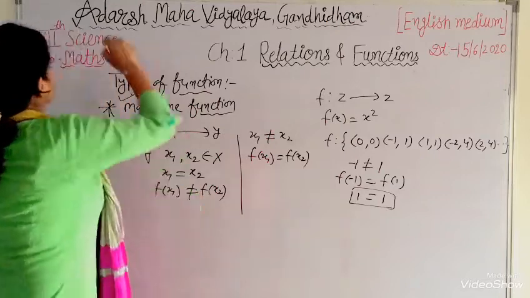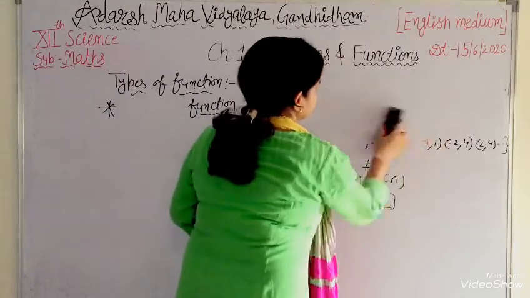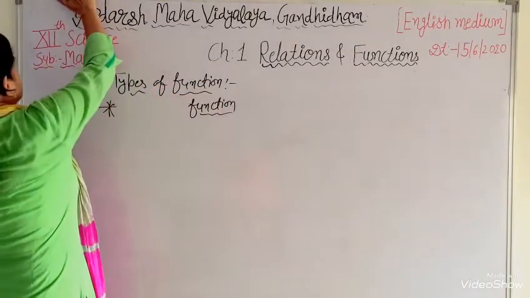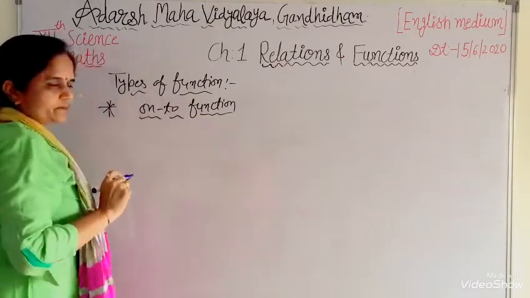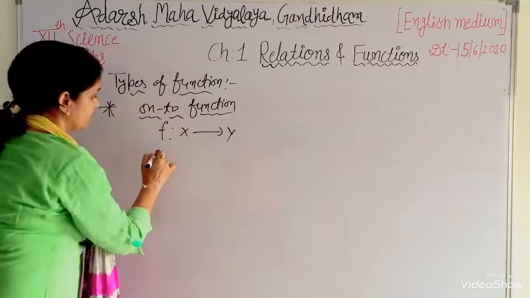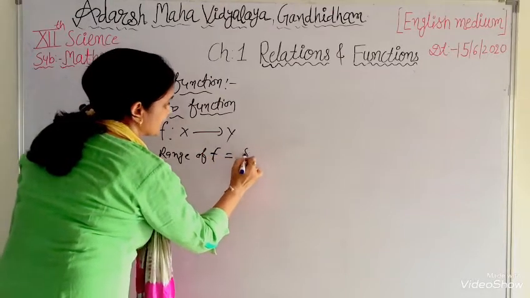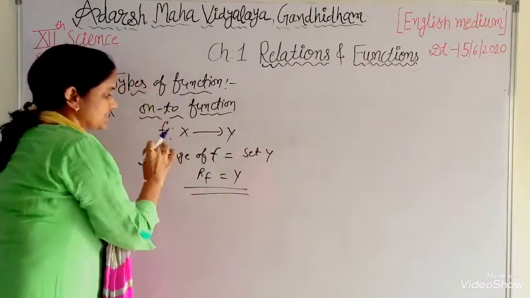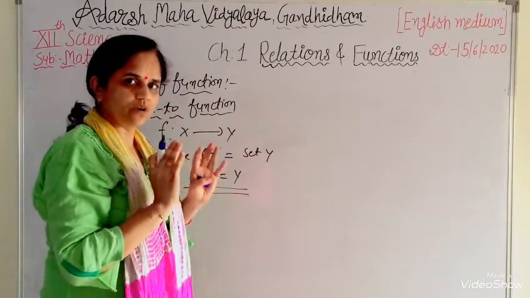Now, next is onto function. For onto function, student, if f is a function from X to Y, range of f is equal to set Y, Rf is equal to Y. It means range is equal to codomain. Then the function is known as, student, onto function.